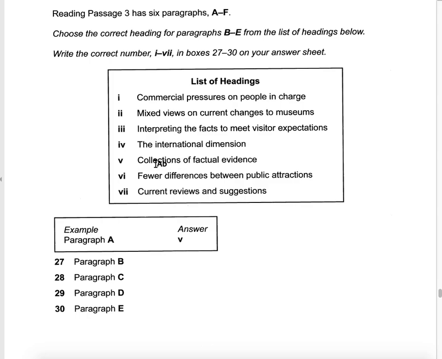So probably a museum collection of real evidence. 6, fewer differences between public attractions. So not much difference between public attractions, maybe museums or exhibitions.